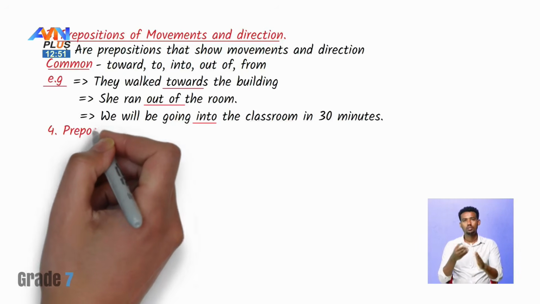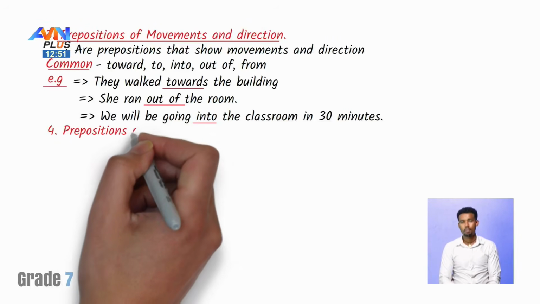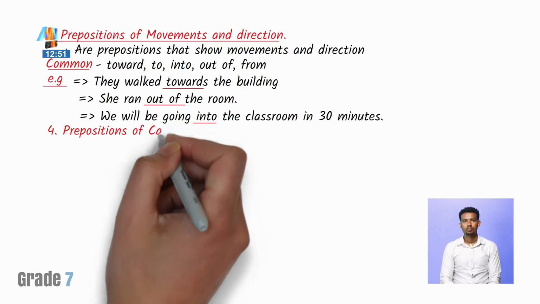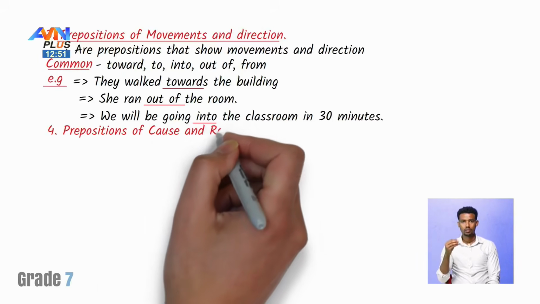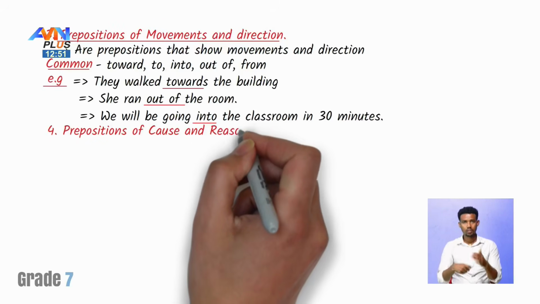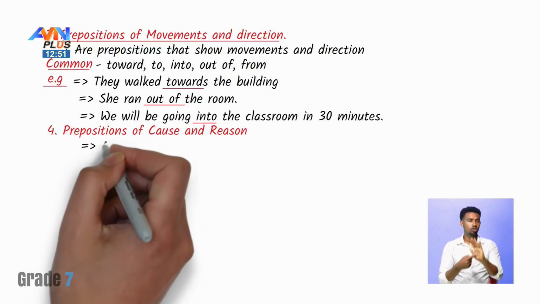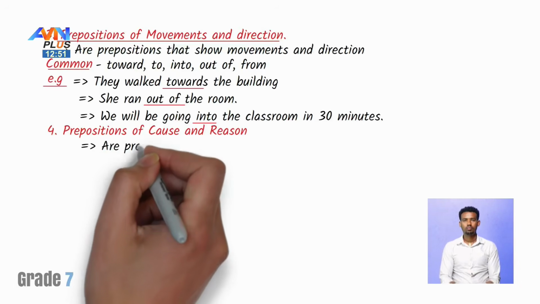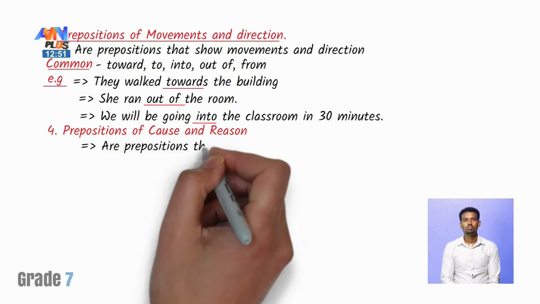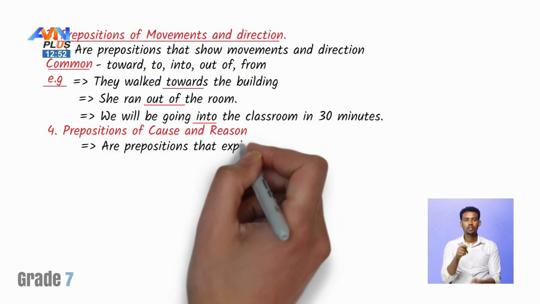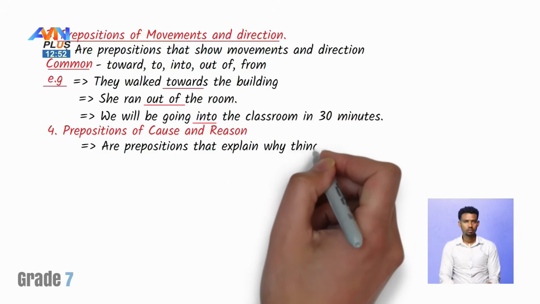The other one is prepositions of cause and reason. This is to show prepositions that explain why things happen.